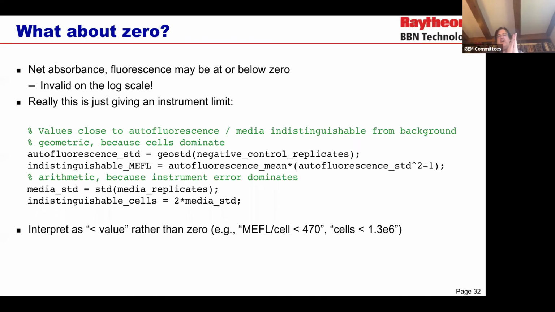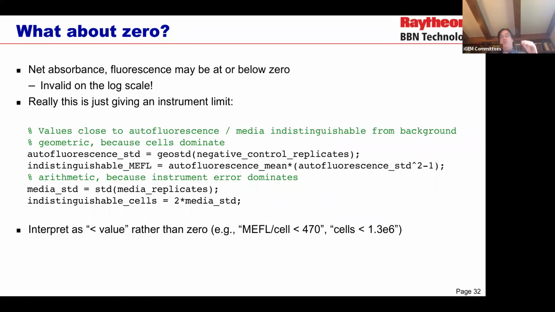If you take your wild type cells and you look at their fluorescence, you look at their geometric mean and standard deviation of those fluorescence, that's going to give you a range in which you know 2 standard deviations up is about the point where you cannot anymore distinguish from no fluorescence at all.